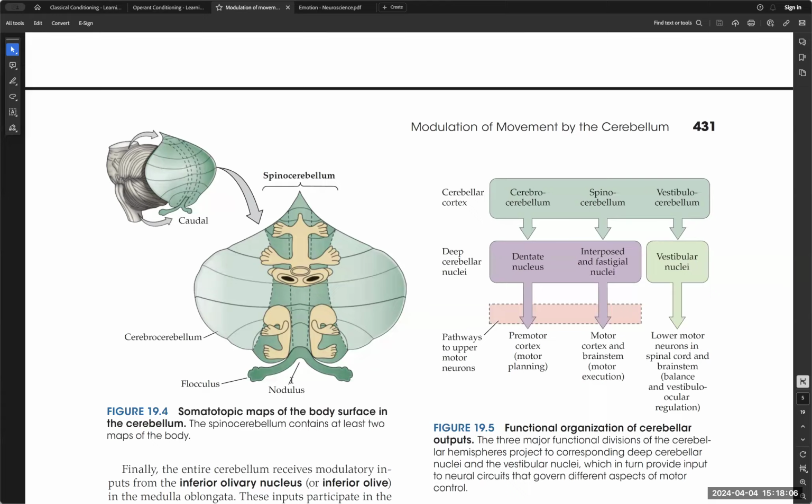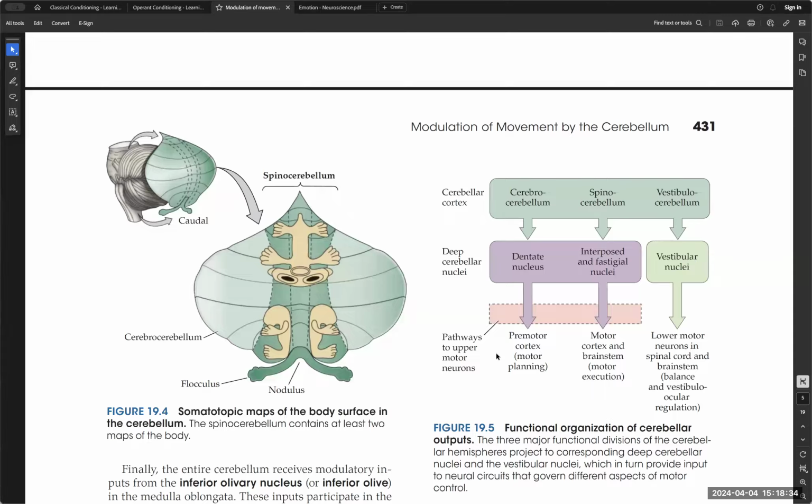based on that, as you can see in front of you, this shows you the functional organization of the outputs of the cerebellum. As you can see here, the cerebrocerebellum is mainly projected to the dentate and part of the interpositus nucleus. Spinocerebellum mainly to the interpositus and fastigial nuclei.